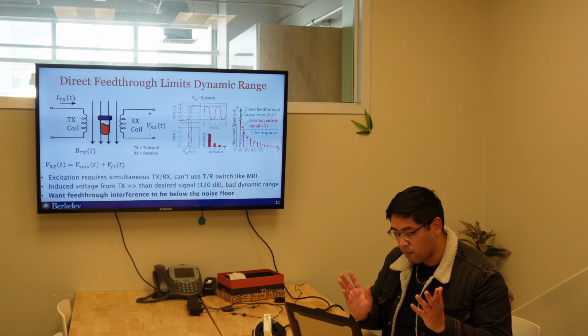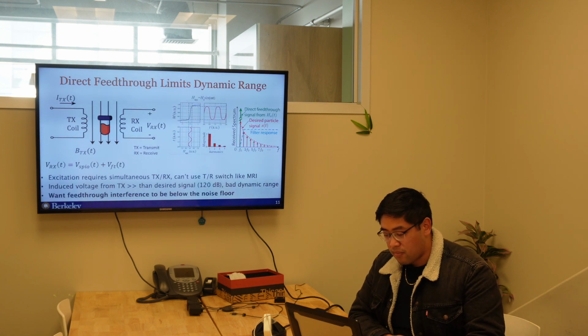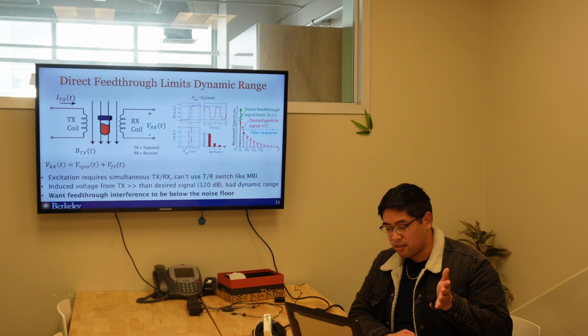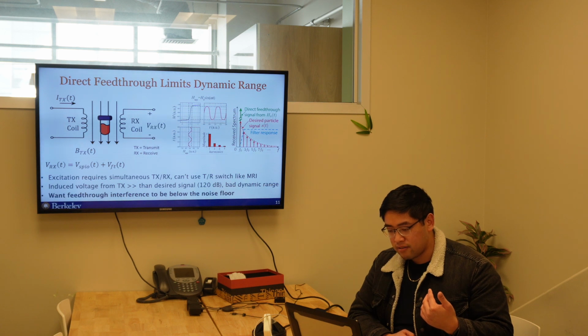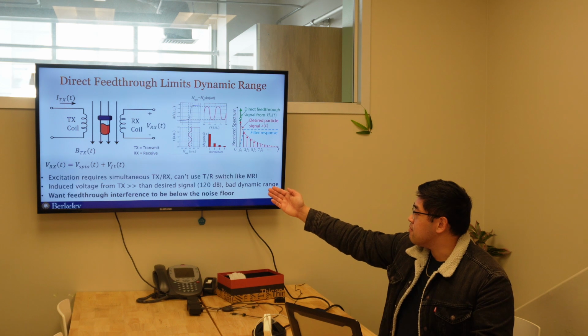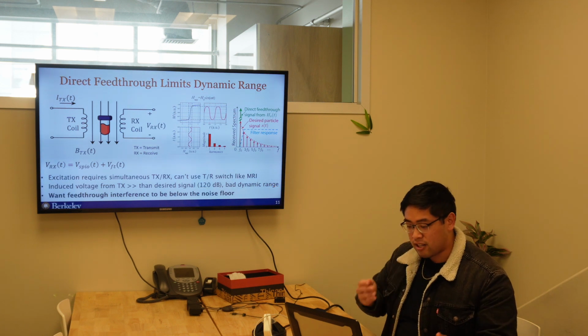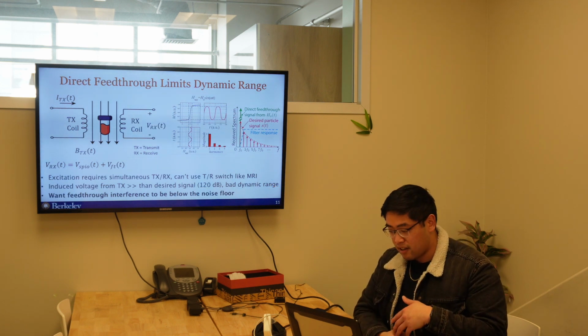So to address the first problem of direct feed-through, if we excite the particles with a transmit coil, we also simultaneously need to receive our particle signal. But during that excitation, we are also seeing the derivative of our transmit field, which couples directly into our receive coil.